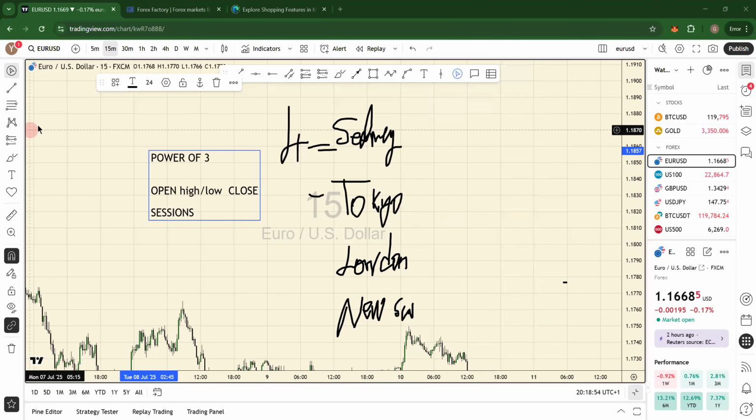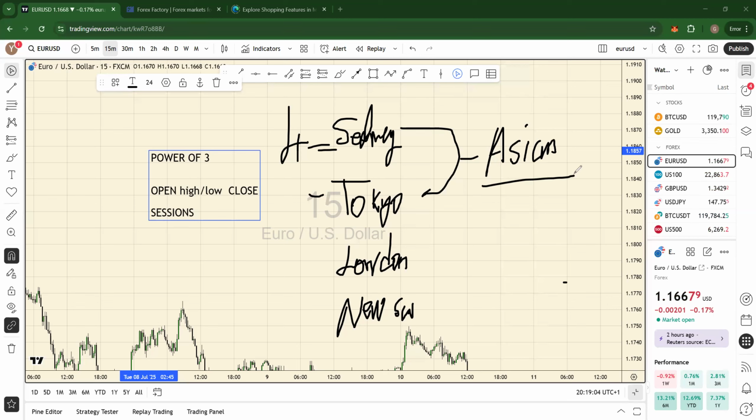Now, this Sydney session, like I just mentioned, they are grouped and they are now called the Asian session. When we are talking about the Asian session, we are talking about the countries that are within the Asian continent.